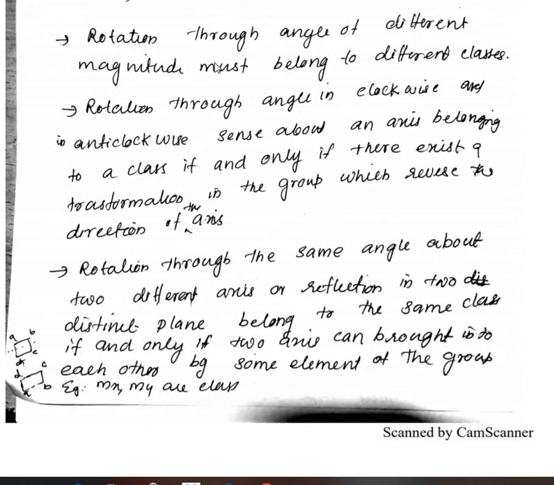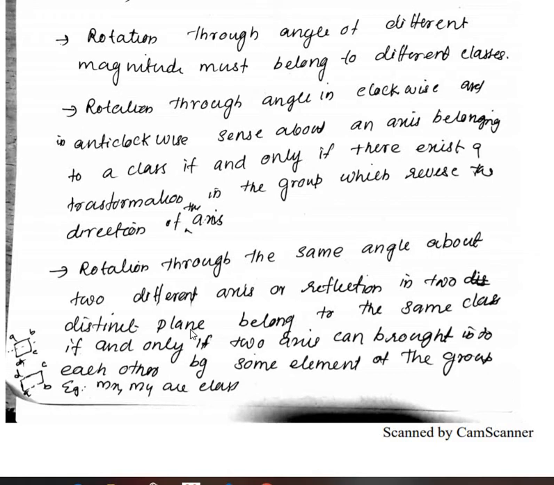Rotations through angles of different magnitude must belong to different classes. For example, C4 and C4 square: one is rotation through 90 degrees, the other is rotation through 180 degrees. So they will never form a class. Rotation through an angle in the clockwise and anti-clockwise sense about an axis belongs to a class if and only if there exists a transformation in the group which reverses the direction of the axis.